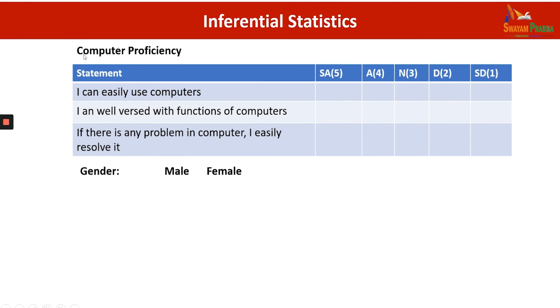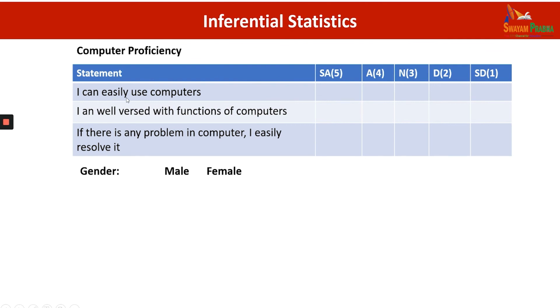But you notice here, sometimes the dependent variable is measured on a single question only. In this case, we have used three different statements to measure computer proficiency. Let us say my respondent marks strongly agree, strongly disagree, or somewhere else. Ultimately, we have to make this one variable.